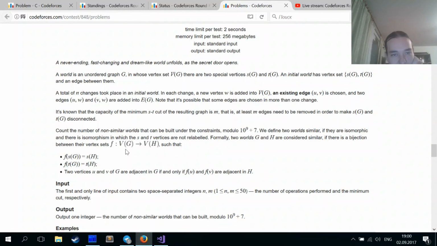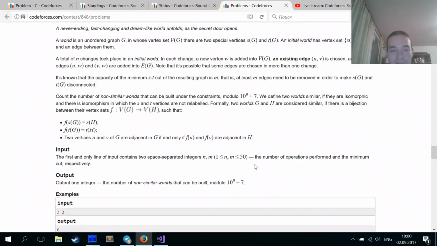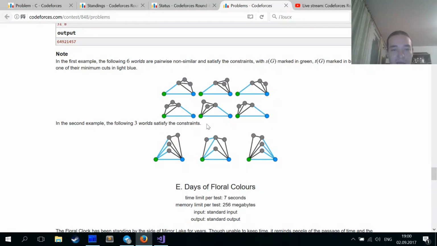So you've probably read the problem, but it states that you have an edge between the source and the sink in the graph, and then you can apply a transformation: if you have an edge already in this graph, for example the starting edge, you can add a triangle with this vertex here. And for each subsequent step, you can choose any of the edges already present.